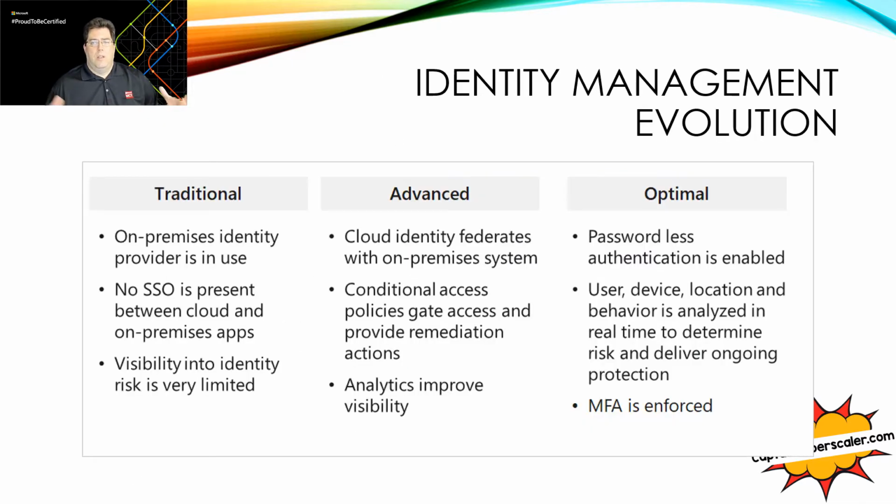As we look through the evolution of identity and access management, we look at the traditional. The traditional is that we were in an on-premises environment. We had our on-premises Active Directory. All identity was handled within the four walls of your building. There was generally no single sign-on between cloud and on-premises applications. Most organizations had all on-premises applications.